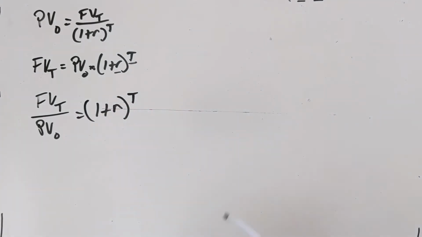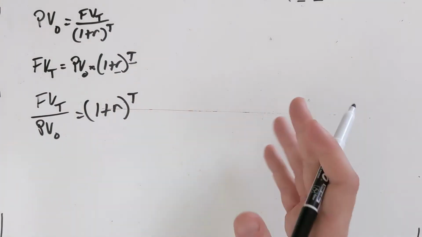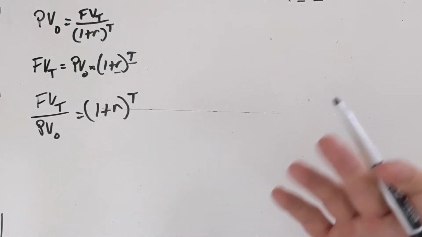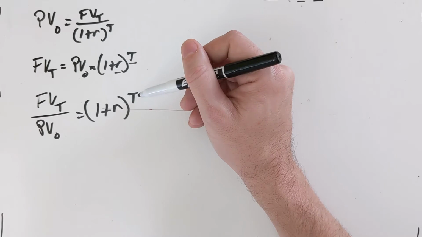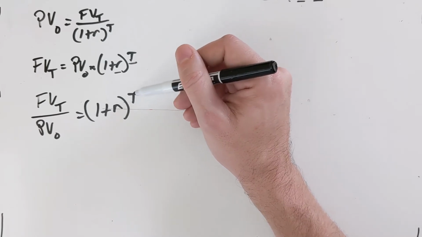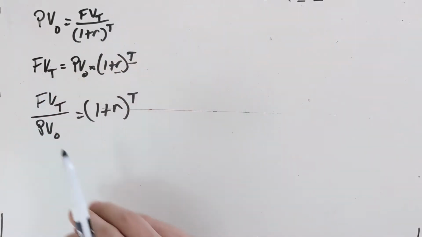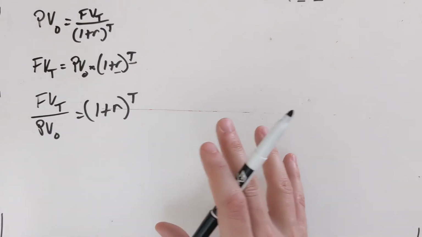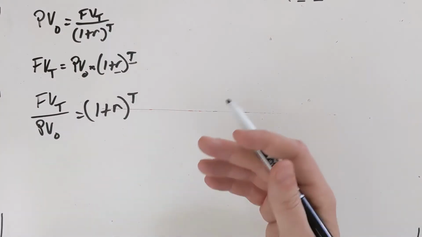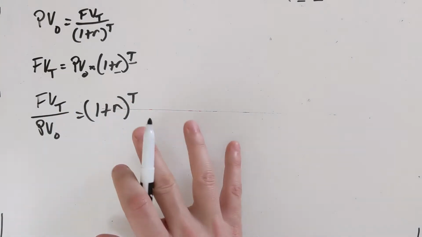And now we get into something that we don't do very often in our day-to-day math, which is how do I get an exponent out of here and get it down into the equation so that I can use it. Here we're going to use something called a natural log, or taking a logarithm of both sides.